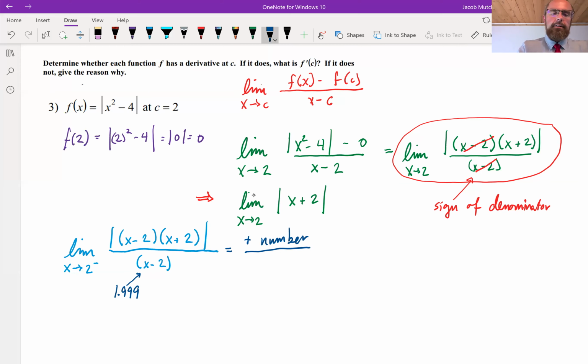The denominator is going to be a positive, well, let me back up. If I put 1.999 minus 2, it's not going to be positive. It will be a negative small number.